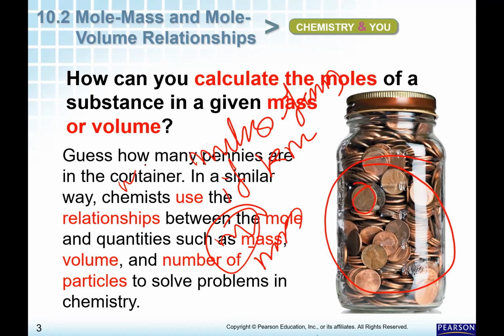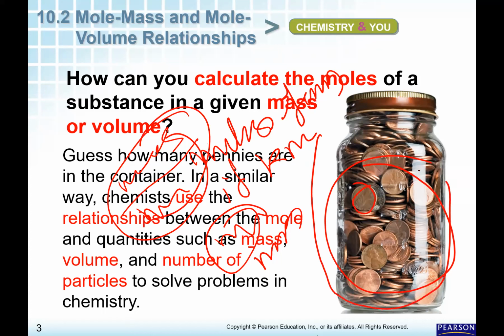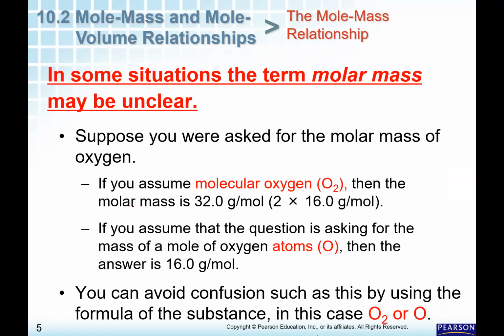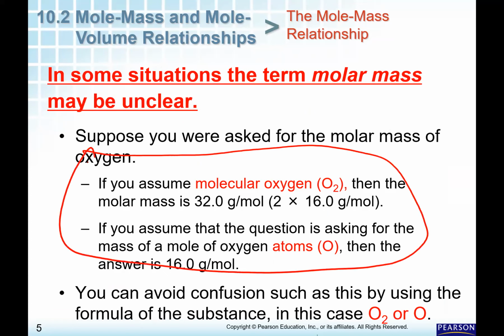Dividing the mass of the whole jar by the mass of one penny will give you the number. I think it's a good example to introduce us to the mole-mass relationship. That is a very important relationship between moles and masses of different substances. Now, it is good to remember, although I talked about this last time, but just to introduce this to you again.